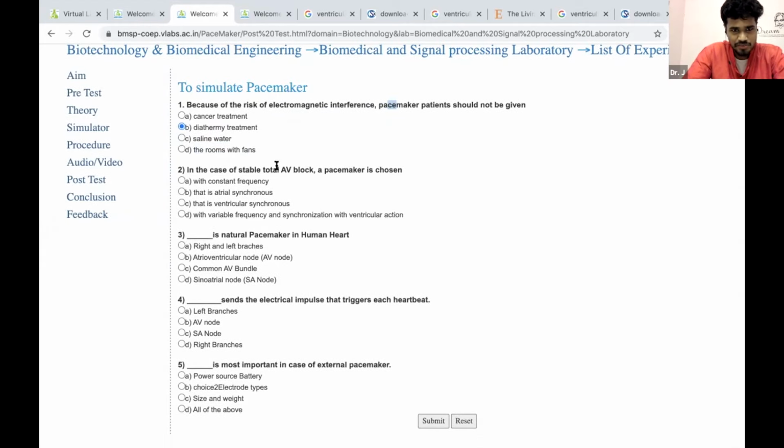Right. Case of stable total AV block. The AV block is totally blocked. A pacemaker is chosen with constant frequency, that is atrial synchronous, that is ventricular synchronous with variable frequency and synchronization with ventricular action. Okay, this is also a nice question. That is, the AV node is blocked. How do you pace that heart? You don't want to pace it with a constant frequency.